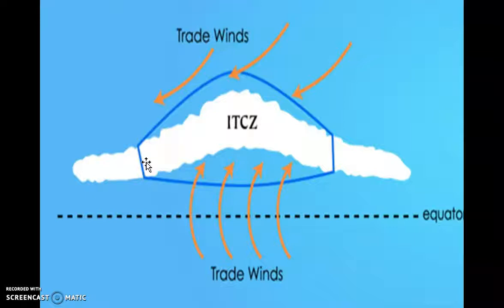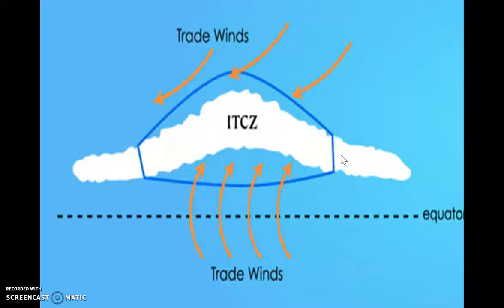Okay. Now, students, the ITCZ or the Intertropical Convergence Zone, what converges? The two trade winds, northeast trade winds and the southeast trade winds. And this actually creates a low atmospheric pressure system. All right, so this narrow band has certain characteristics associated with it. Number one, we have dense cloud cover.